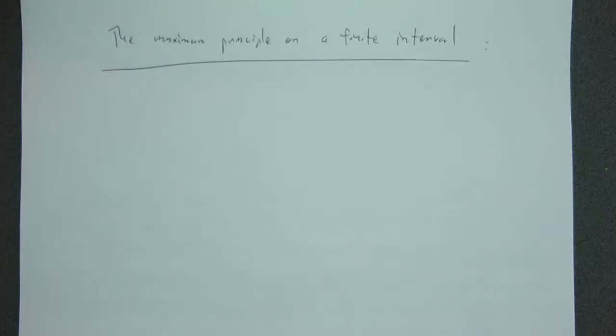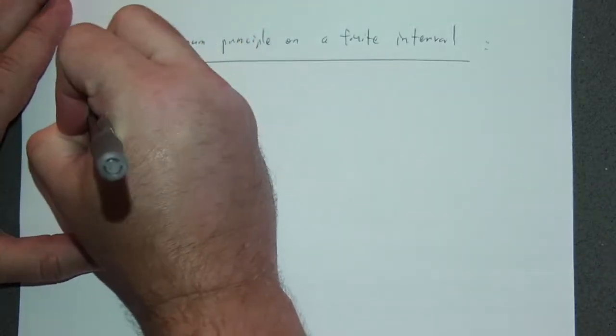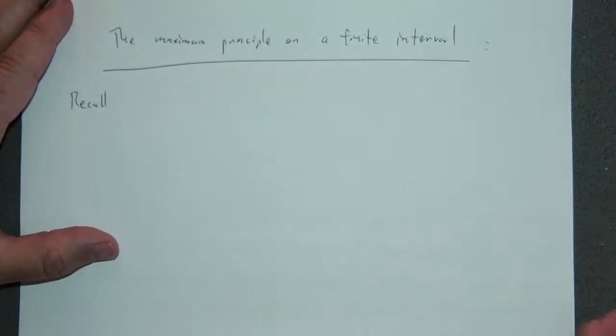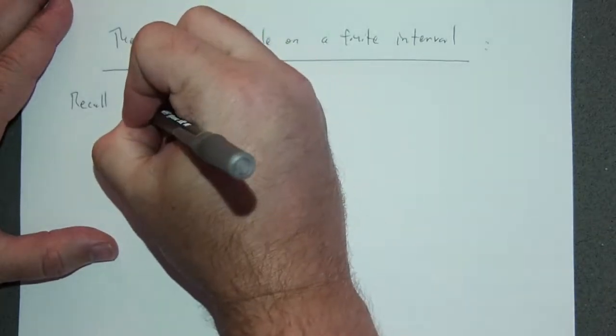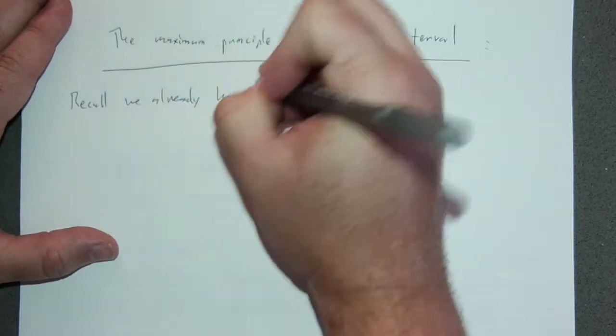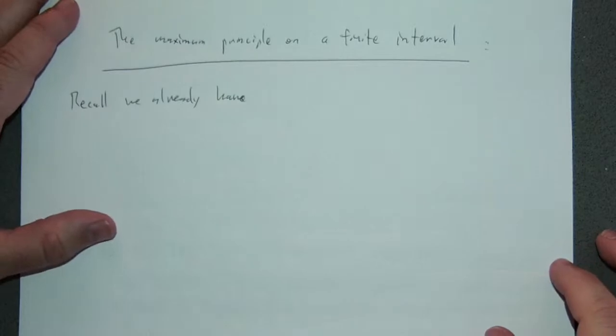Now, you might say that we already have a maximum principle for the 1D heat equation on the entire real line. Recall, this is actually one of our big properties of the solution to the heat equation.